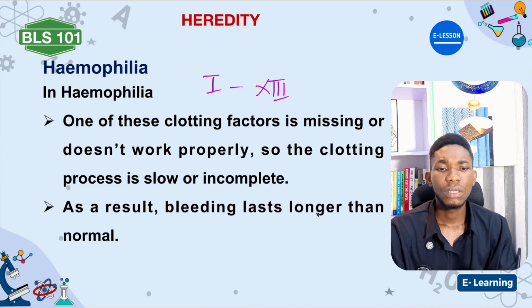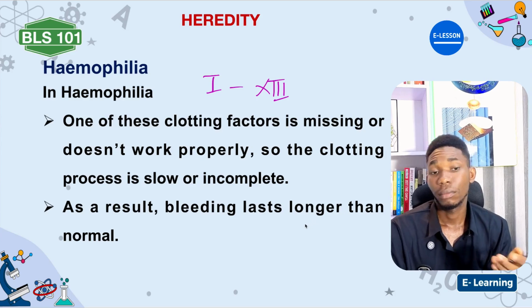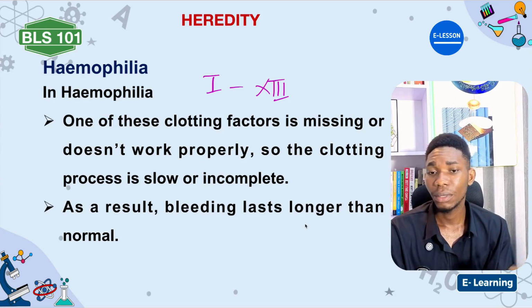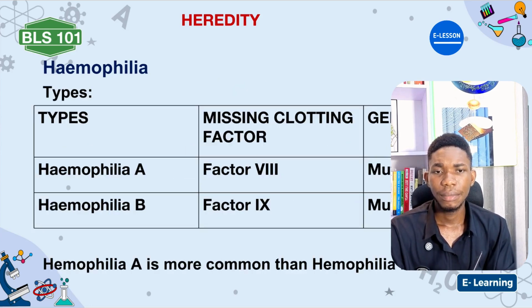Now, as a result, bleeding lasts longer than normal. Bleeding lasts longer than what? Than normal as a result of that. And the types of hemophilia. Hemophilia is divided into two types.